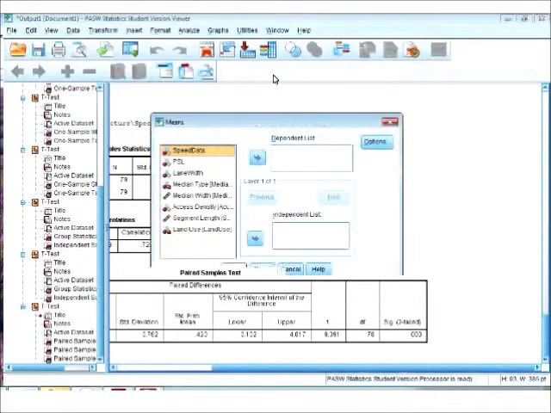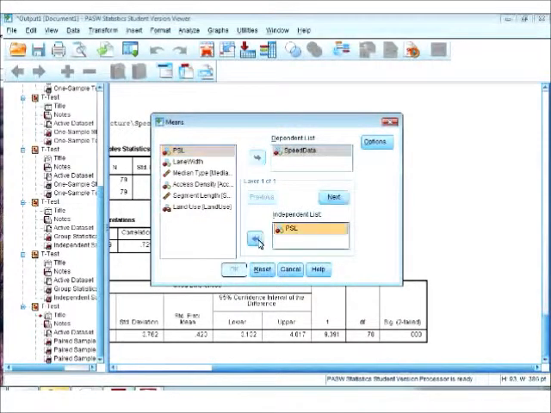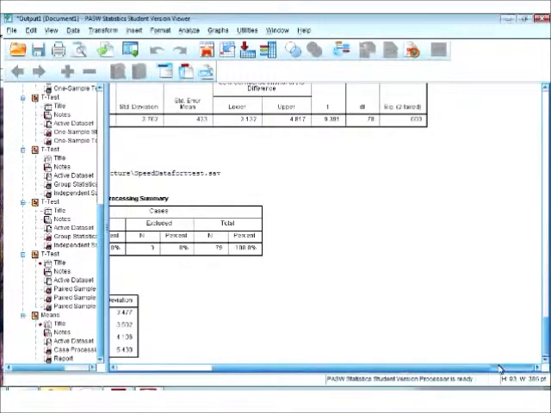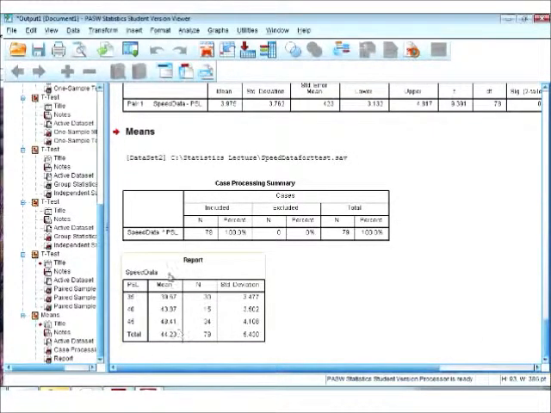The compare means is, let's see what it does. Dependent list is, and independent list is, let's say, posted speed limit. Let's see what happens here. So what it does, it just gives us a chart here with the mean value.